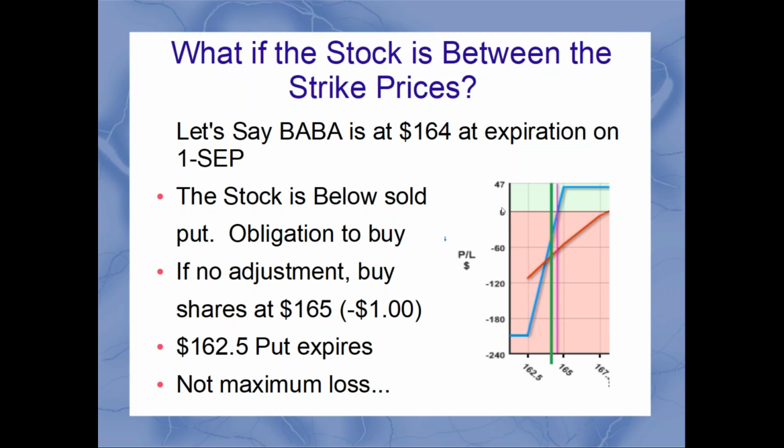In other words, in this position, we saw a 78.7% theoretical probability the stock, Alibaba, would be above 165 at September 1st. Does that mean the short option delta is going to be 0.213? Not necessarily. It might be 0.25. It might be 0.20. It's subtly different. It's not directly related, but it is close.